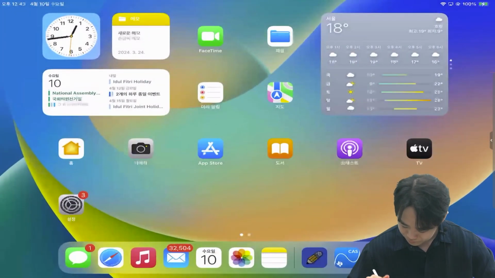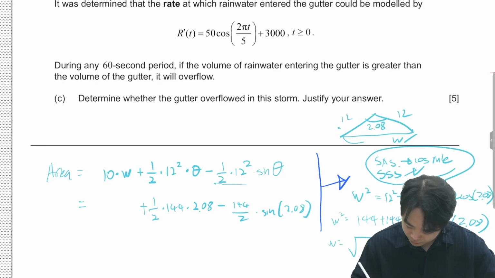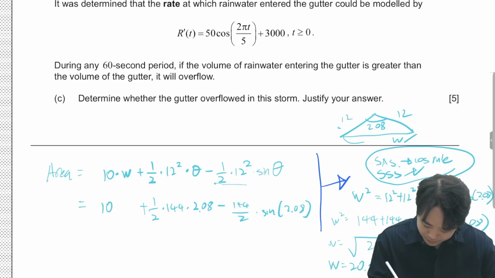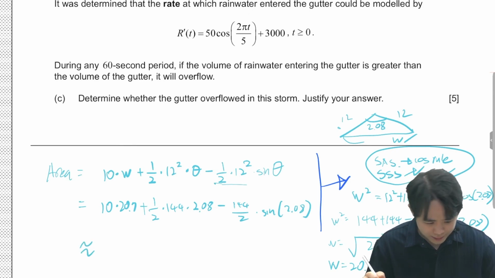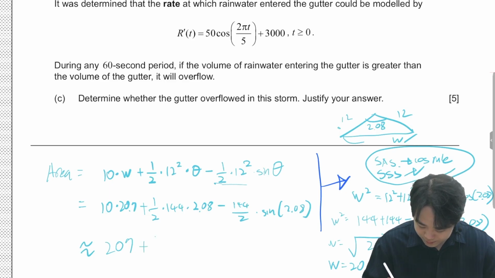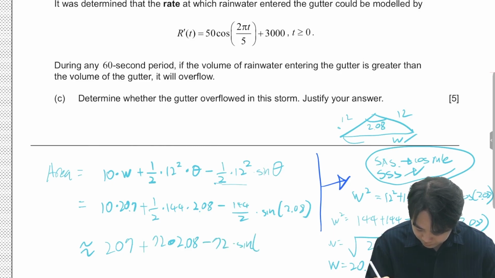Okay, so W is 20.7, so I'm going to write this as 10 times 20.7. So that's going to be 207 plus 72 times 2.08 minus 72 times sine of 2.08 radians. Right?